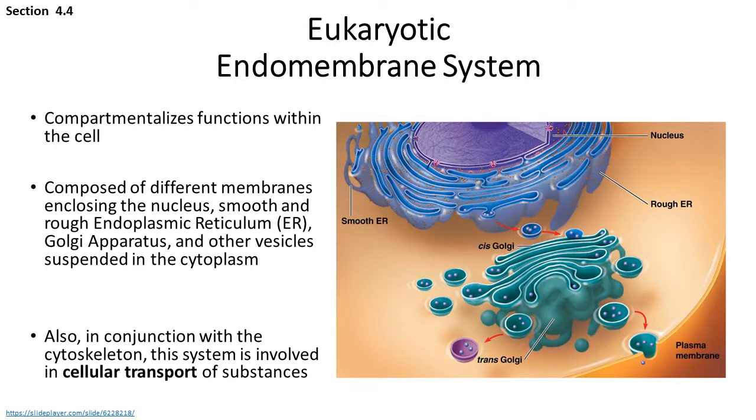The eukaryotic endomembrane system compartmentalizes certain functions within this eukaryotic cell. It is composed of different membranes that enclose the nucleus, the smooth endoplasmic reticulum, and the rough endoplasmic reticulum, and the Golgi apparatus, and other vesicles that are suspended in the cytoplasm.